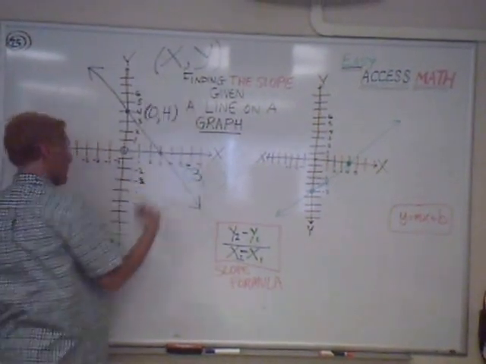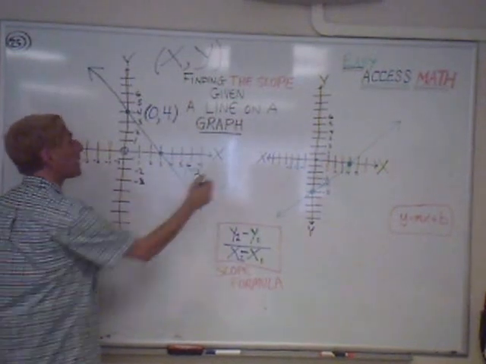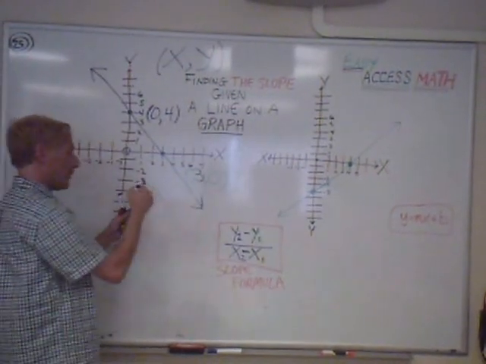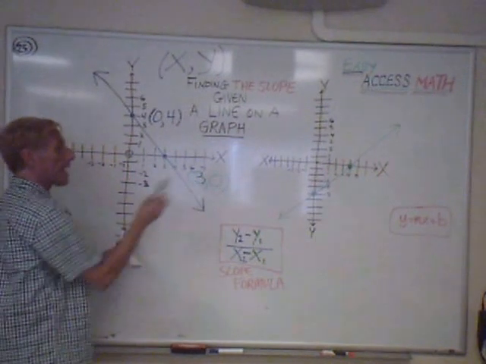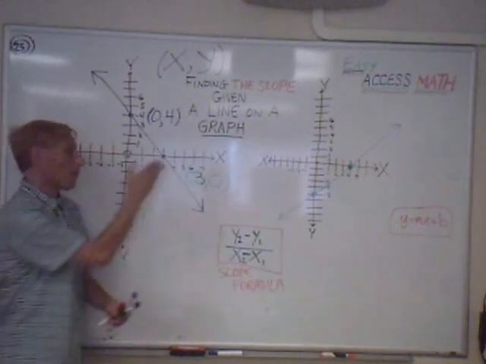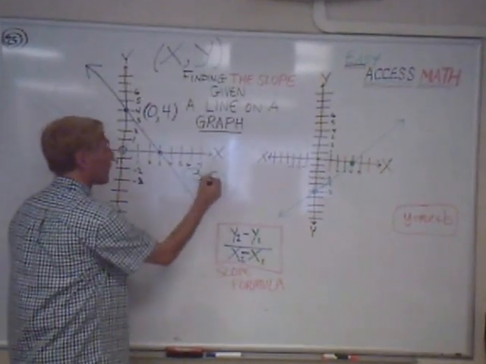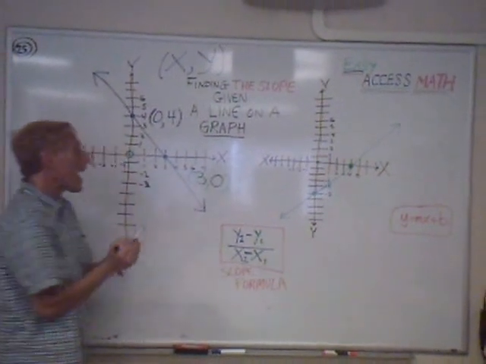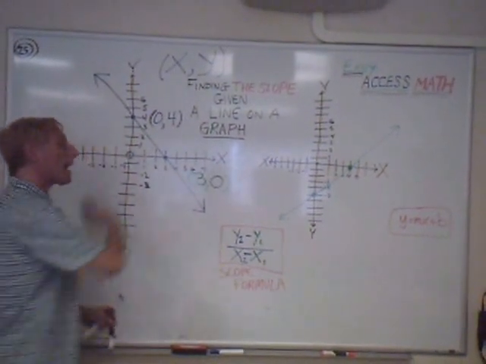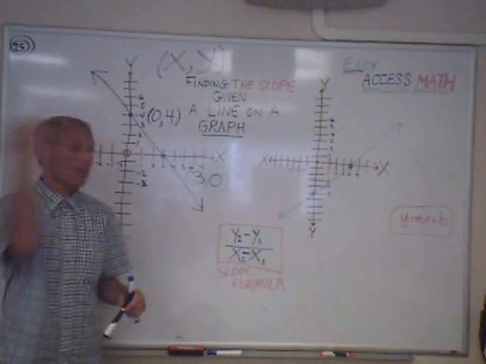It's not going up or down, so its y value is 0. So the coordinates for that point are x is 3, y is 0: 3, 0. Now that I have my 2 points, I just plug them into the formula.